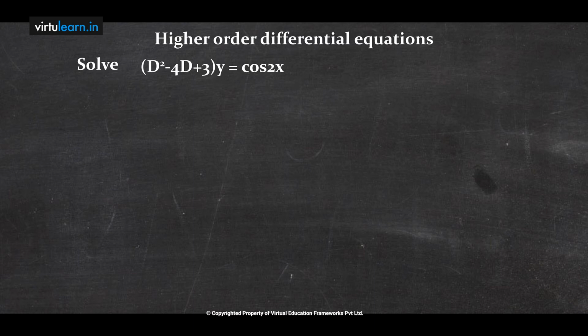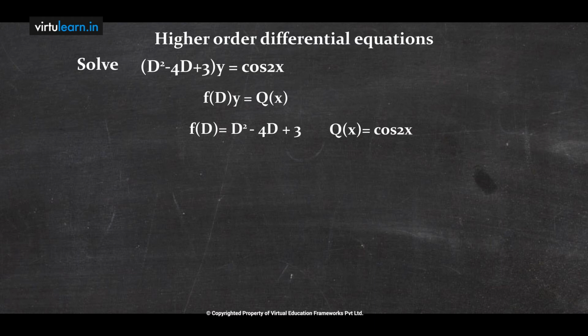Now again this differential equation is in the form of f of d into y equals q of x, where f of d equals d square minus 4d plus 3, and q of x equals cos 2x. To solve this differential equation, the general solution contains two parts, complementary function and particular integral.